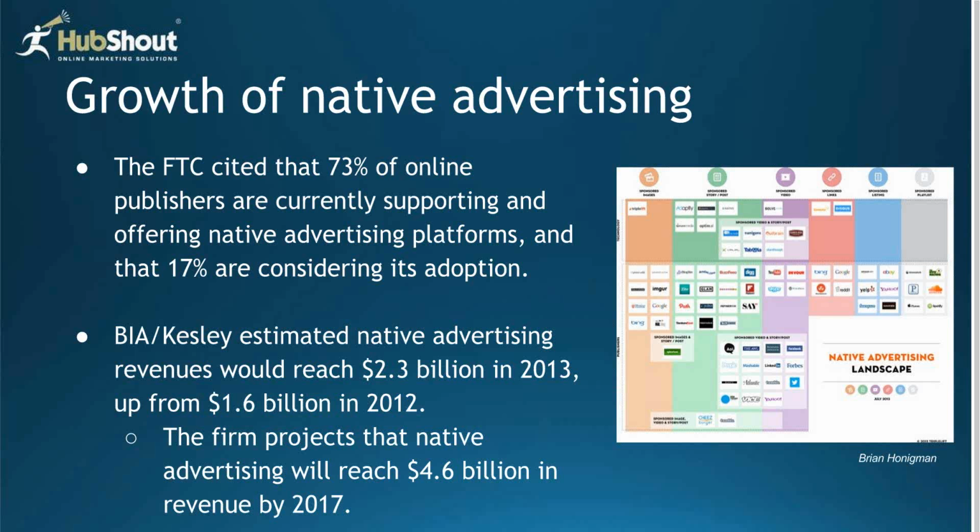BIA Kelsey said that native advertising would reach $2.3 billion in 2013 after being at $1.6 billion in 2012, and was projecting that by 2017 it'll be at $4.6 billion.